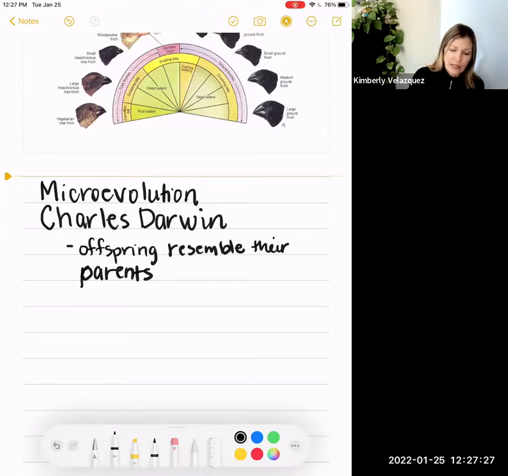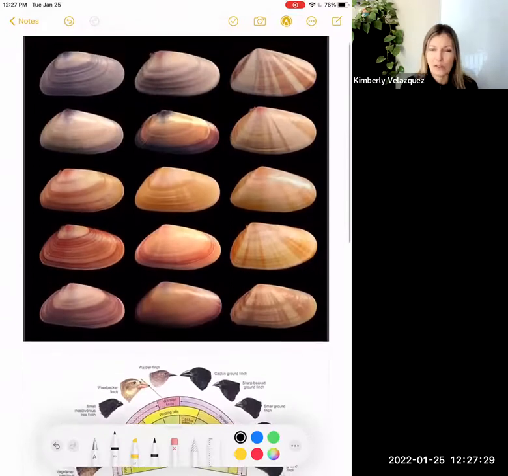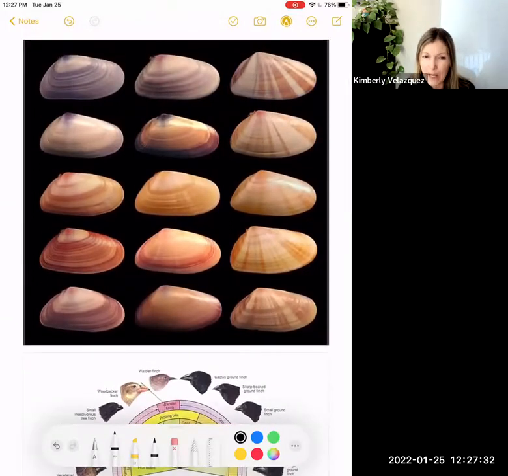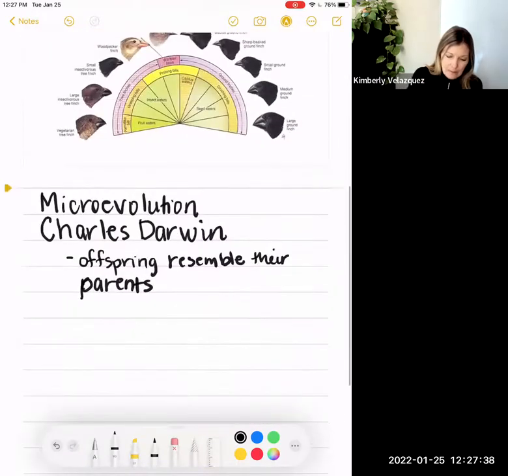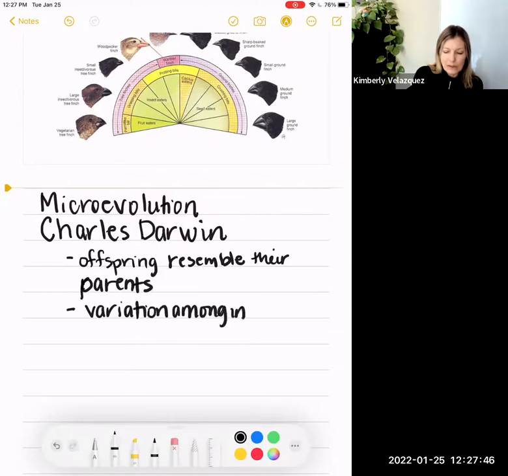He also noted something that you probably noticed when you saw all these different colors of these mussels, and that is within a population of organisms, there is variation. So there is variation among individuals within a population. Not everyone looks the same.